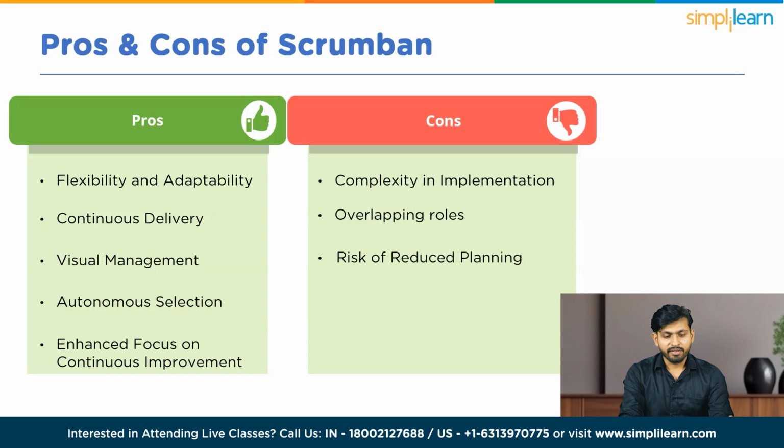Third one is risk of reduced planning structure. Scrumban's flexibility might lead to a reduction in the structured planning associated with Scrum. This can pose a challenge in terms of predictability, making it harder to plan and commit to specific deliverables within a fixed time frame. Fourth, it requires skilled team collaboration. Successful implementation of Scrumban relies on effective collaboration and communication among the team members.